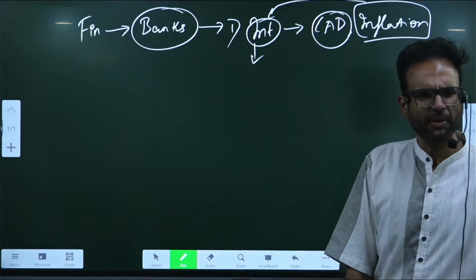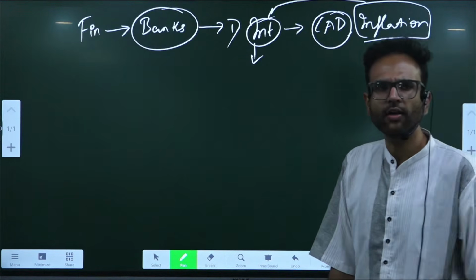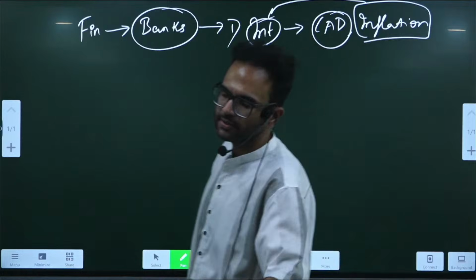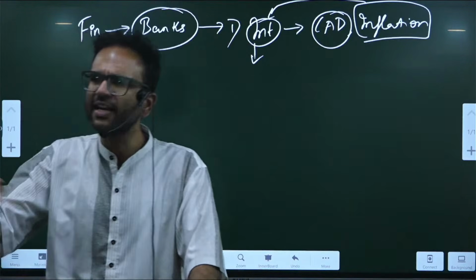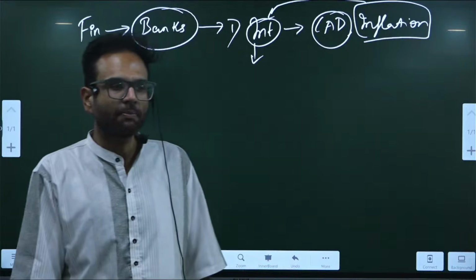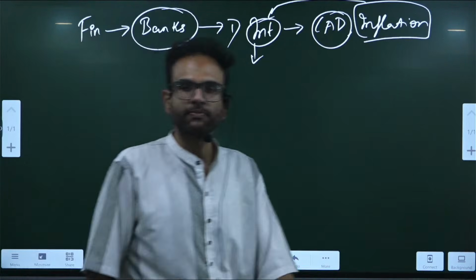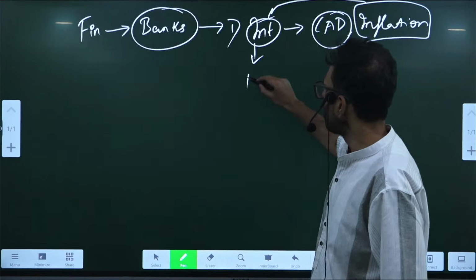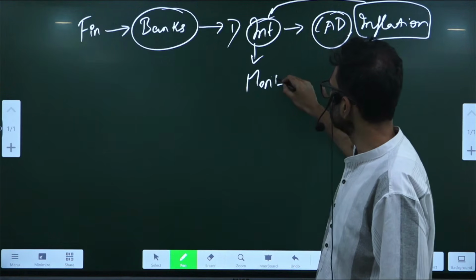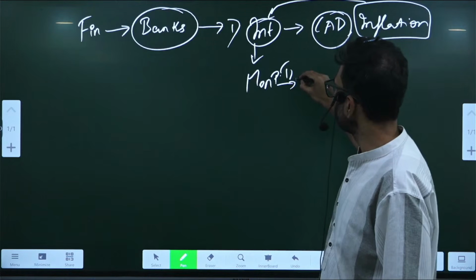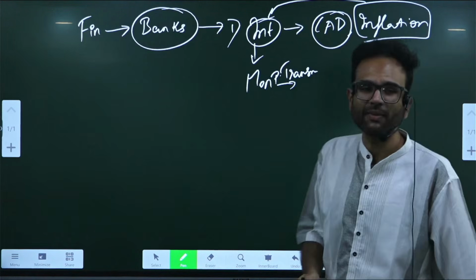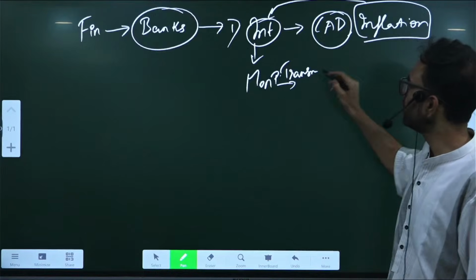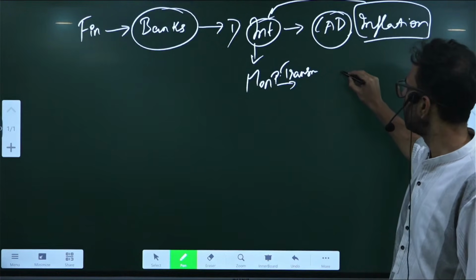transmission. Just because RBI is reducing the repo rate doesn't necessarily mean the market players will also pass it on to the customers, right? So this is the monetary policy transmission. We were discussing the issue of liquidity.